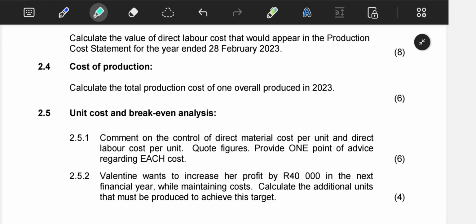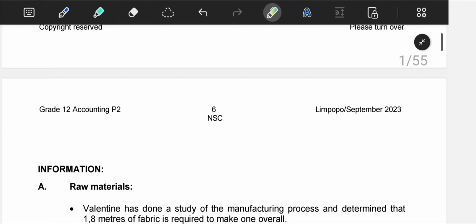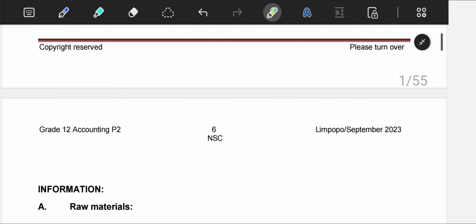Calculate the total production cost of one overall produced. Right. Now, they said the total production cost. But after you get your total production cost, you still have to divide by 4,000 because they only need how much is it for one overall. Total production cost, now we're going to be talking about your direct material, direct labor, and factory overheads. So already now we have calculated our direct material from the above question.